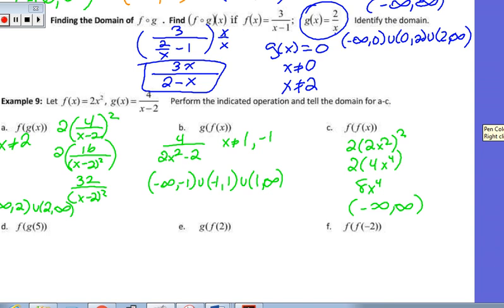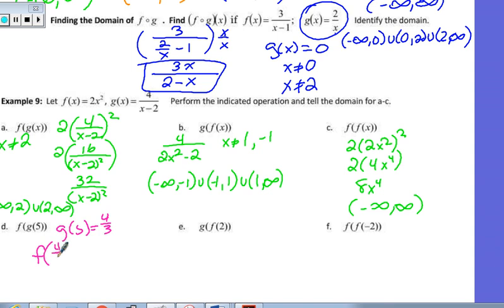Okay, these ones here, now I'm not looking for any kind of domain restrictions on these. I just want to evaluate what's f of g of 5. If I put 5 in here, so I find g of 5, and that is going to be 4/3. Once I know what 4/3 is, I take the output from g of x and use it as the input for f of x.